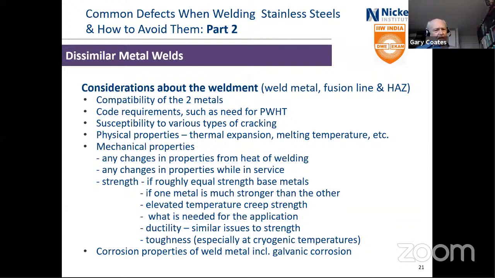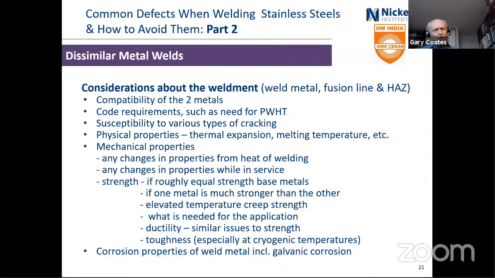The strength, it's not bad if they're roughly equal strength materials, but if one material is stronger than the other, there can be issues with that, because the high strength material, when it cools from the welding operation, is going to stretch the weaker material.